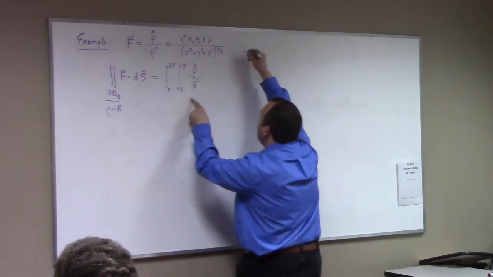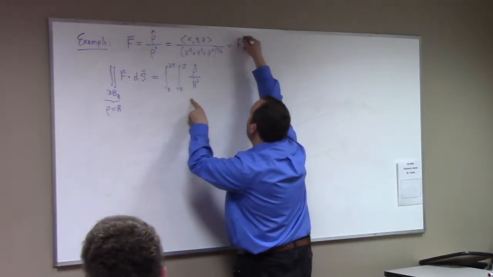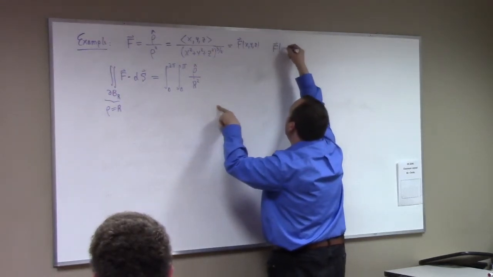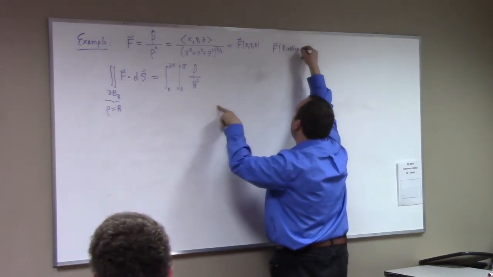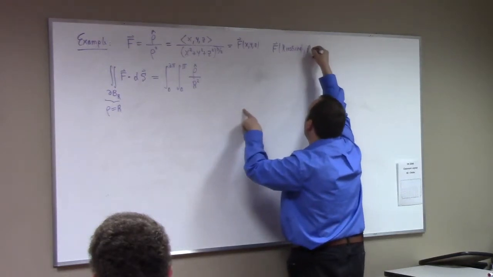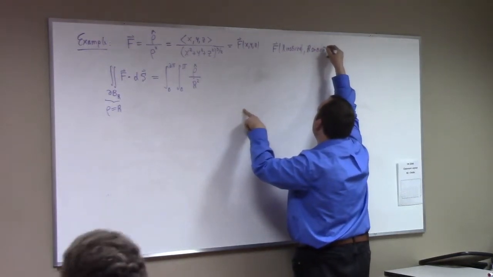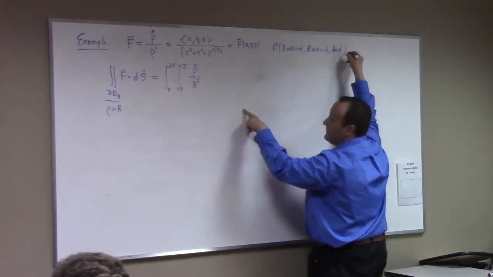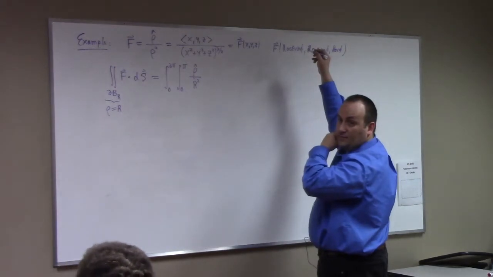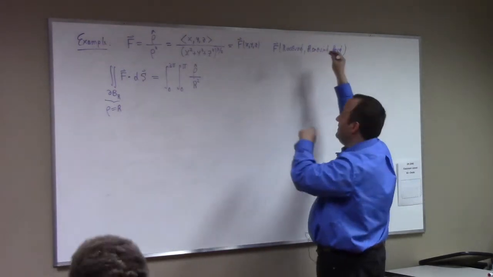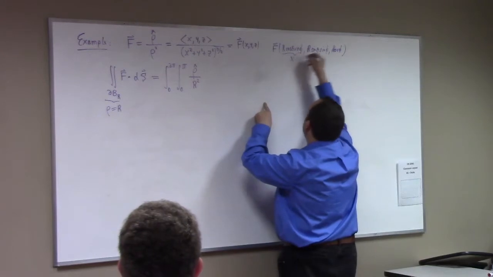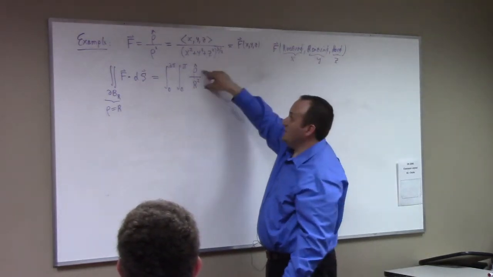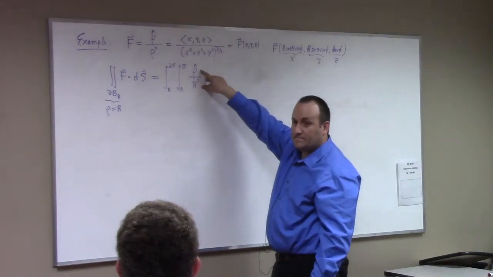Doesn't that beat the pants off thinking of this as F of x, y, z, and I have to think about F of r cosine theta sine phi, r sine theta sine phi, r cosine phi? That's what I'd have to do if I was working with our direct definition in terms of parameterizations, in terms of the spherical angles. I'd actually have to plug in, this is x, this is y, this is z. After a bunch of arithmetic, it eventually would simplify down to this, although it wouldn't look like it.